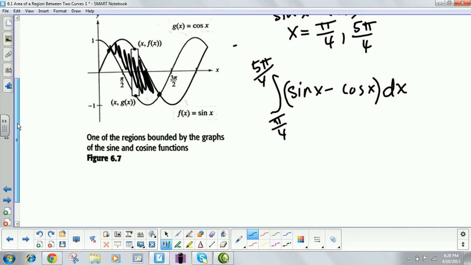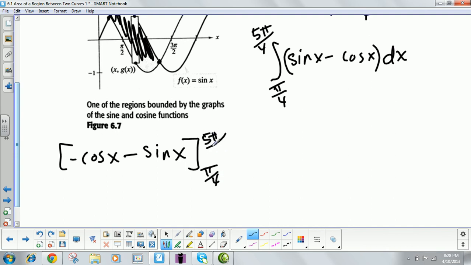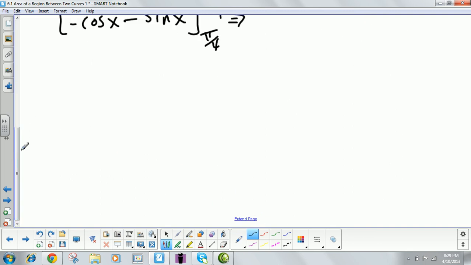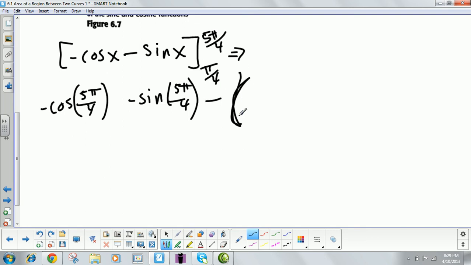Okay, we can go ahead and integrate. And when we integrate that, you would get negative cosine of x minus sine of x. Then your limits are from pi over 4 to 5 pi over 4. Okay, then when you plug your upper and lower limits in, it'd be negative cosine of 5 pi over 4 minus the sine of 5 pi over 4, minus parentheses.